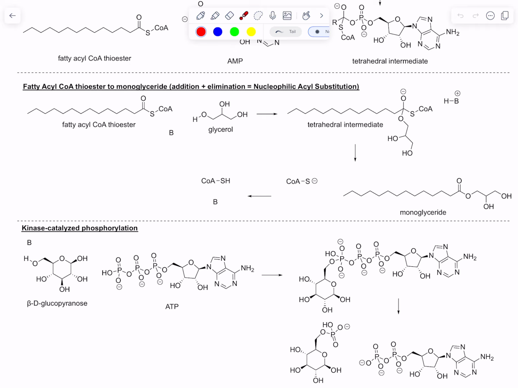I think there's something that got lost in a copy and paste. There should be still hanging around here the conjugate acid of your base, which you're going to need to do the final step. Good question. Others?